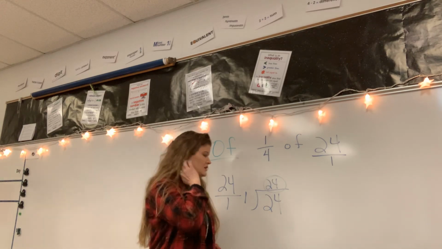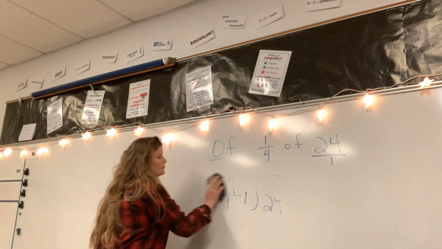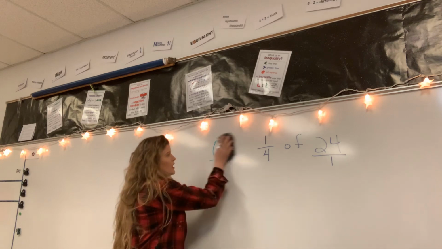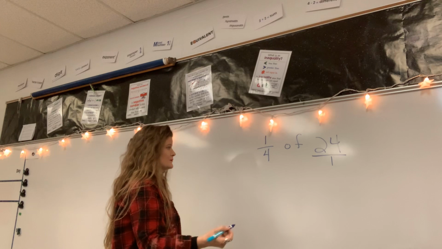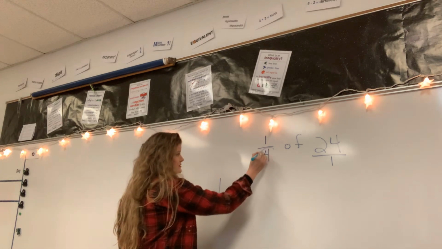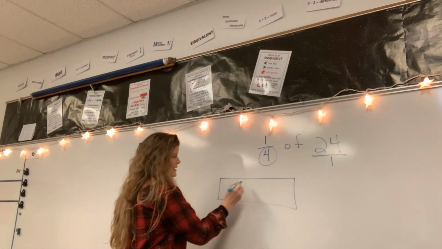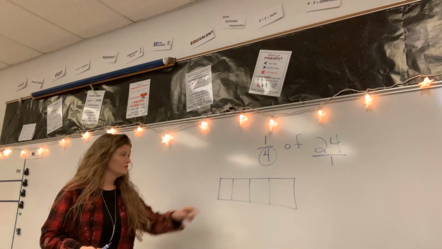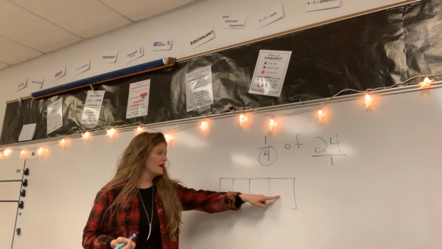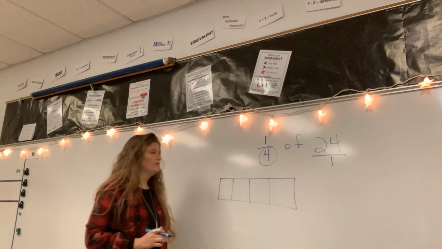Okay? So, get my eraser. When I have 1/4 of 24, that is basically like saying, see this 4 here, I'm breaking something up into 4 pieces. I have a quarter, don't I? 1/4, 1/4, 1/4, 1/4, because 4 quarters would equal a whole.